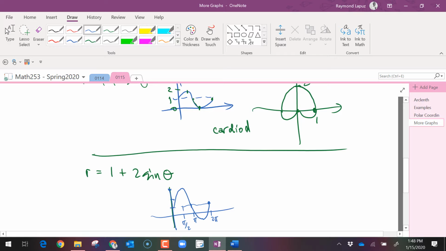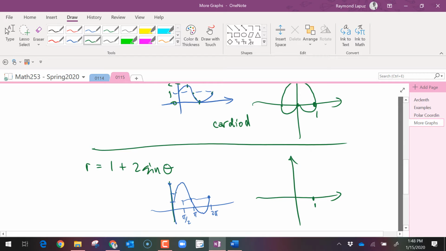So let's see. Starts off at 1. Then it climbs up. By the time you get to pi over 2, it climbs up to 1, 2, 3. And then by the time we get to pi, it goes back to 1.